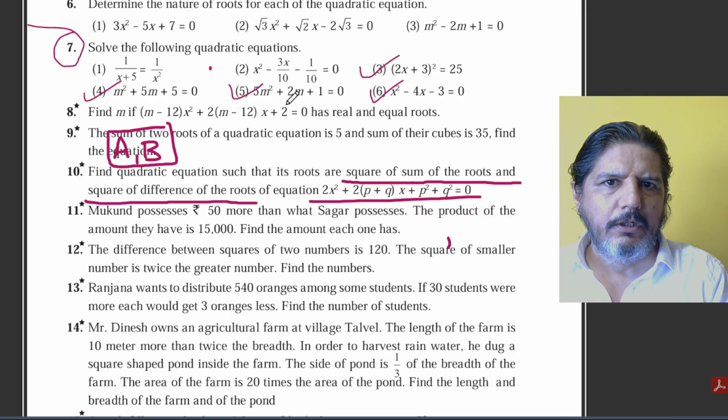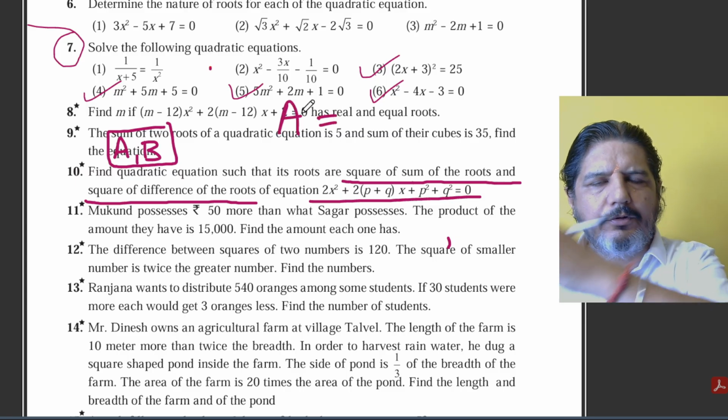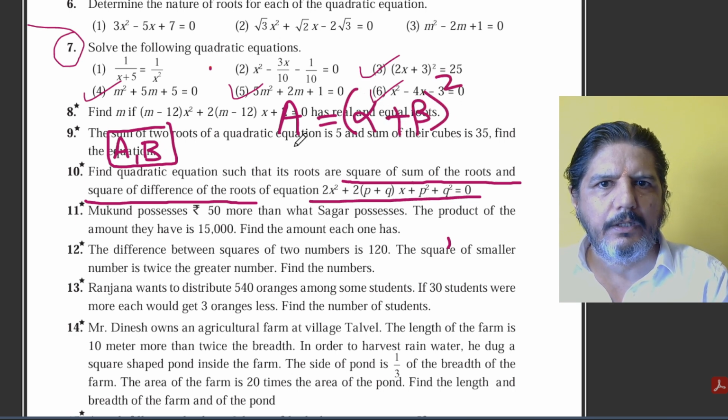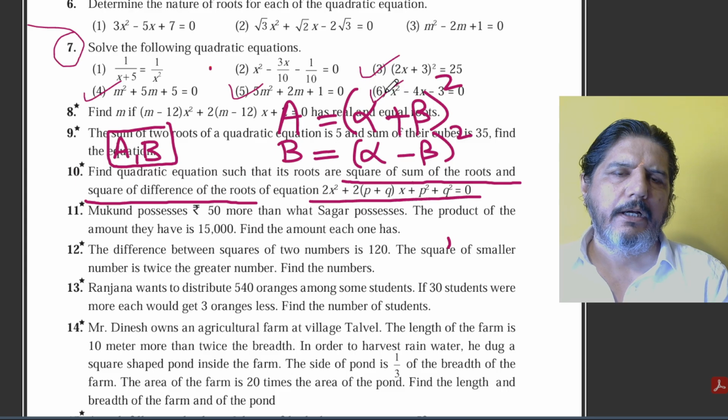So value of a, the first root of the equation we want, will be equal to alpha plus beta whole square, and value of b would be alpha minus beta whole square. I hope this is clear.